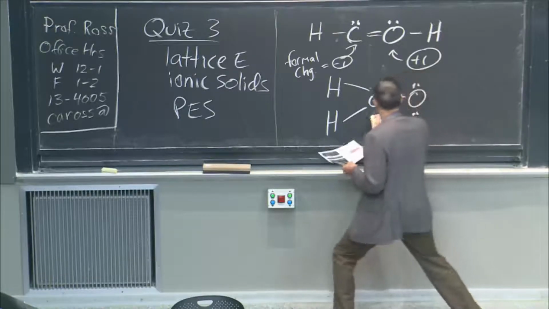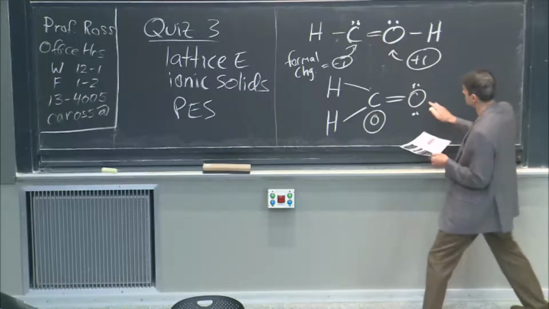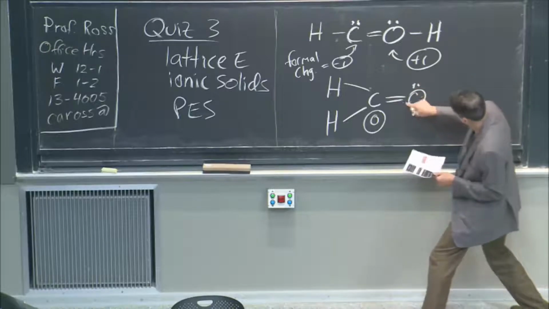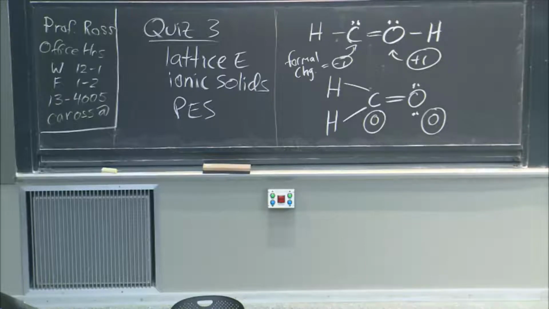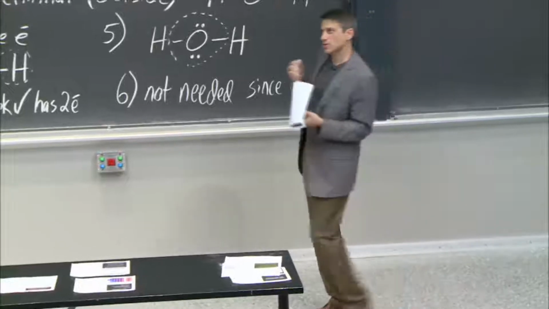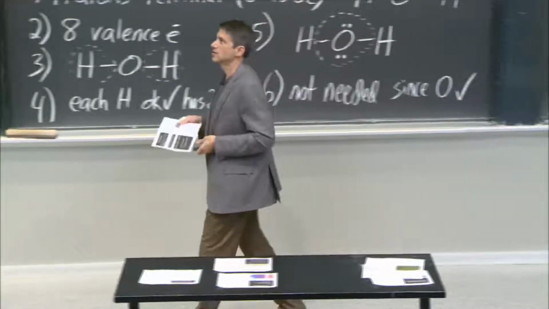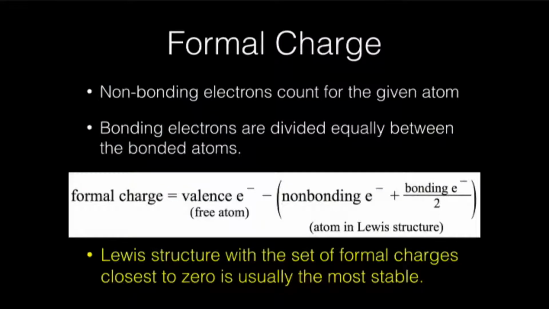So that's 0. And the formal charge on the oxygen is going to be 6 minus 1, 2, 3, 4, 5, 6. So that's also 0. You get a sense of how much I pushed this atom away from where it normally thinks about its charge balance, and why this might be true. The Lewis structure with the set of formal charges closest to 0 is usually the most stable. That's our guideline.